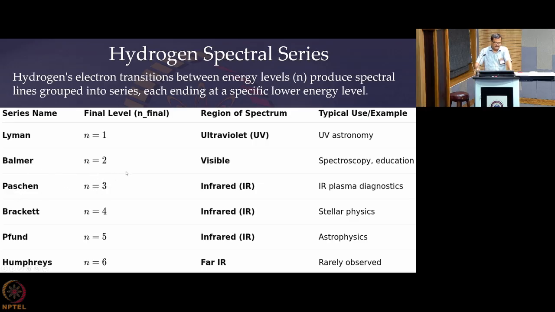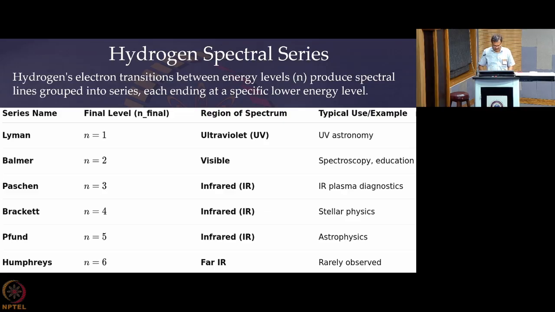The emission in the Lyman series is in UV, Balmer series in visible, then Paschen, Brackett, they are in infrared, Pfund also in infrared. The Lyman series is applied in UV astronomy, while the Balmer series is visible, and we use that very often.